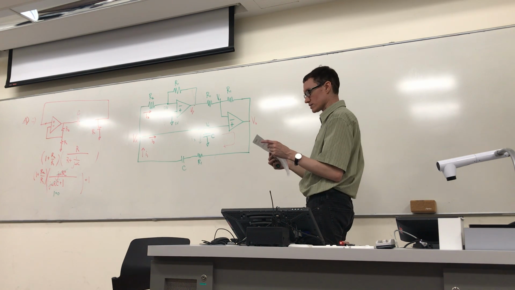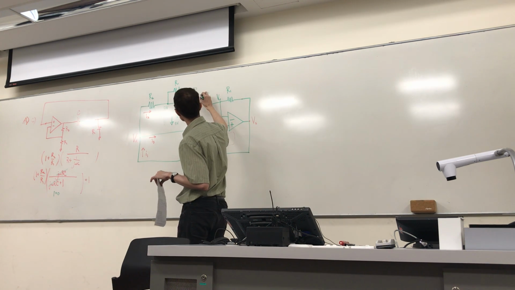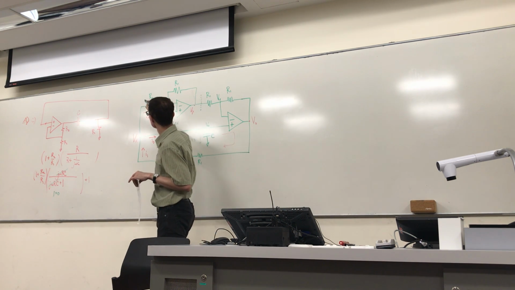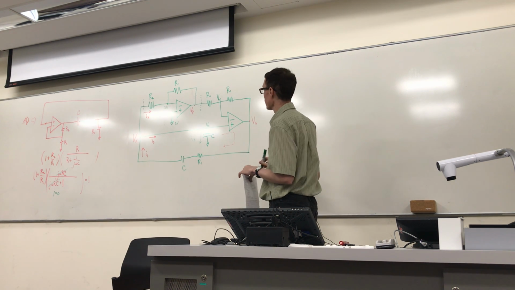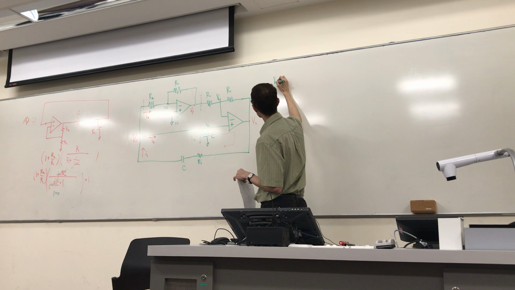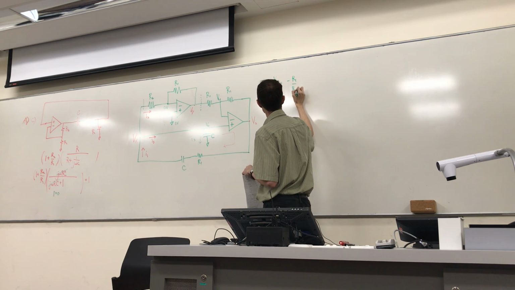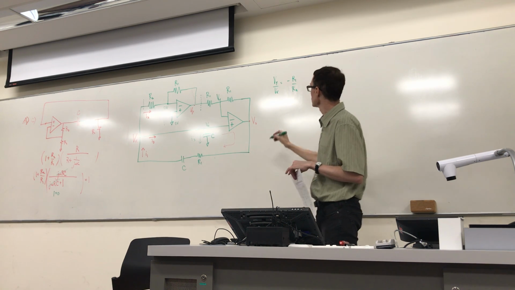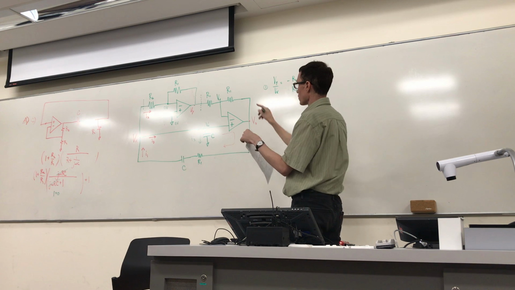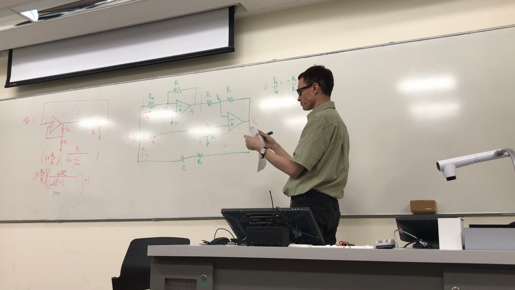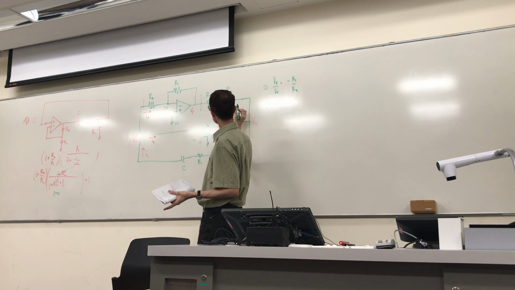Now let's write some equations. First of all, I can see a standard inverting amplifier configuration right there, and I know the gain for that one. The gain is Vy over Vx equals minus R1 over R2, right? So that's one equation. I'm working my way around the loop. Now for the second equation, let's look at this one.